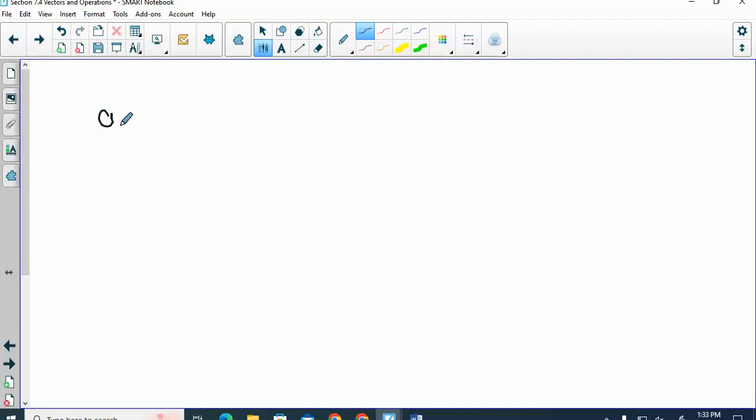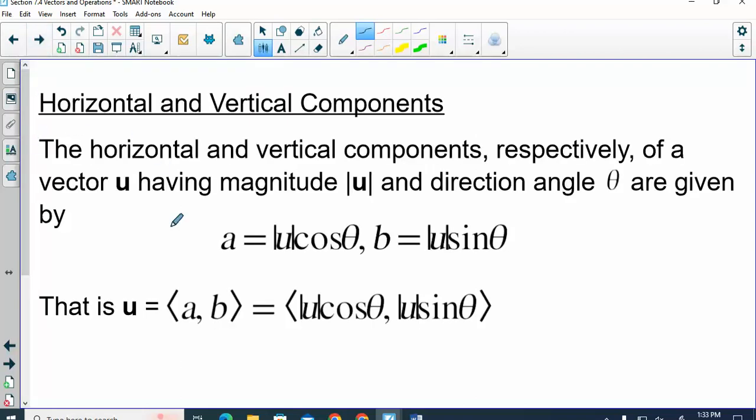When we first defined SOHCAHTOA, or the definitions, we said cosine is x over r, and sine was y over r. Remember that? So, my angle would be the direction angle. R, in a vector, the radius is the magnitude. So if you have the angle and the magnitude, then you can get the vector.